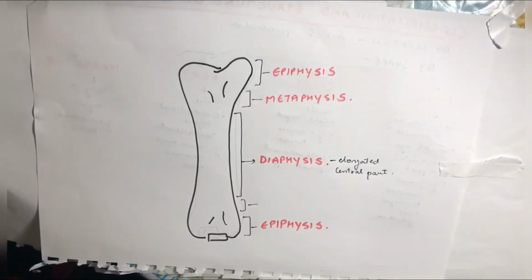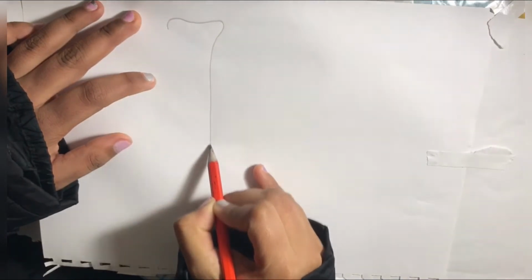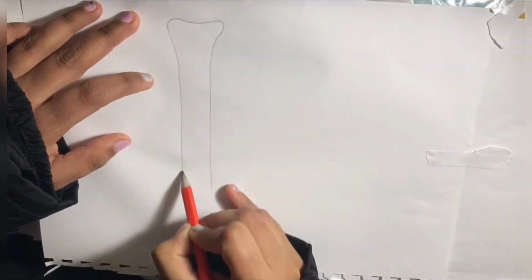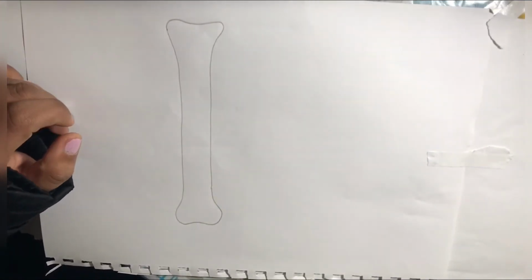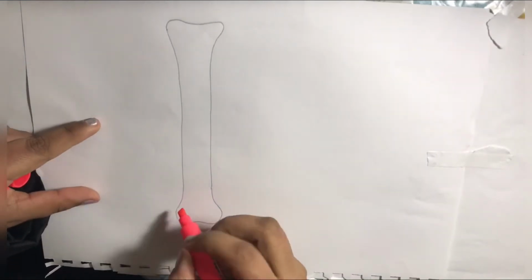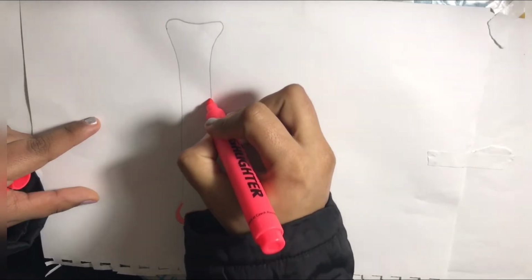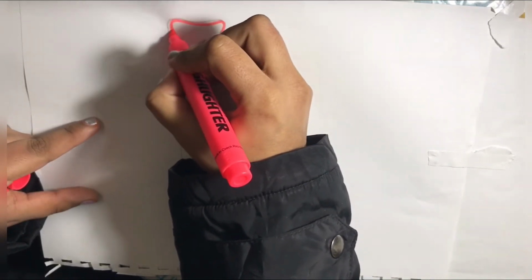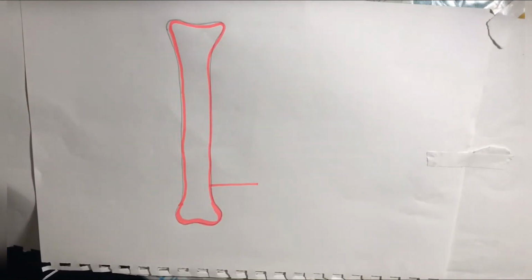Now let's talk about the internal structure of a bone, especially a long bone. Let's consider the femur or humerus. I'm covering the bone with pink color from the inside. This is called the compact bone.